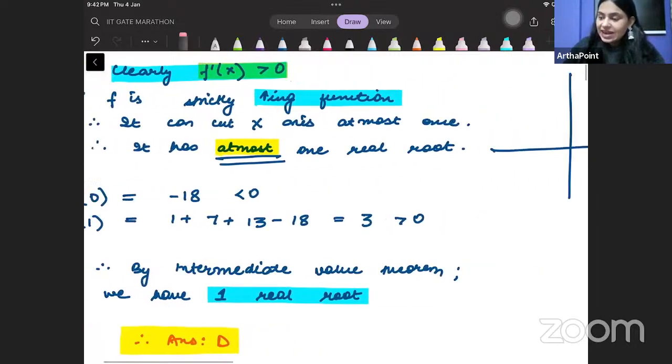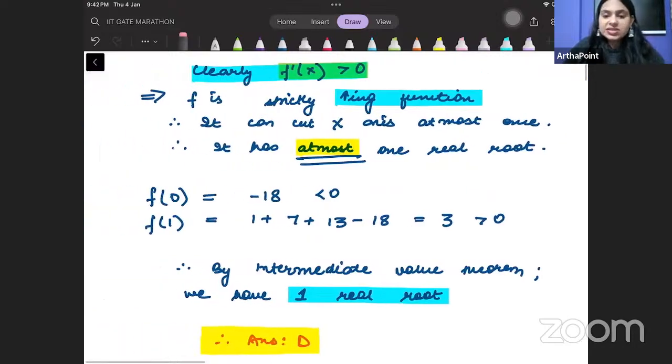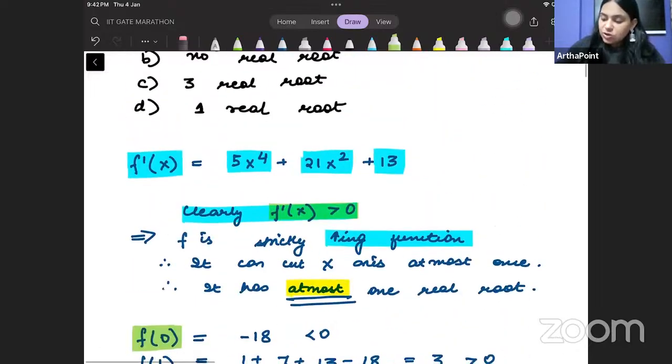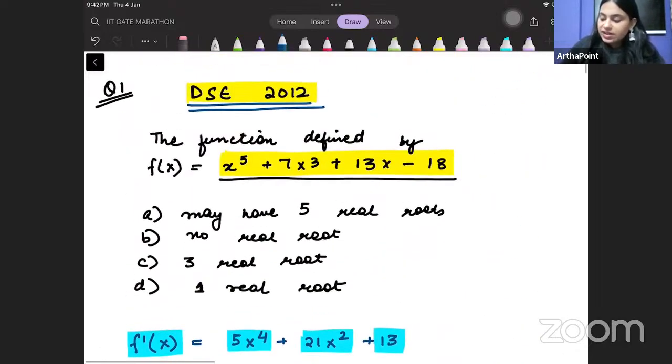This is exactly what I am doing in this case. So I am checking the value of the function at x equal to 0. And when I plug 0 in this function, I will get 0 plus 0 plus 0 minus 18.